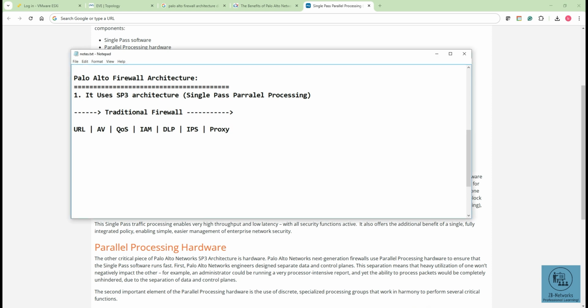That's the important piece. The advantage you get with this single pass parallel processing architecture is single pass scanning. So basically the traffic is scanned only once for threats, applications, and content filtering. You can make a note of it.